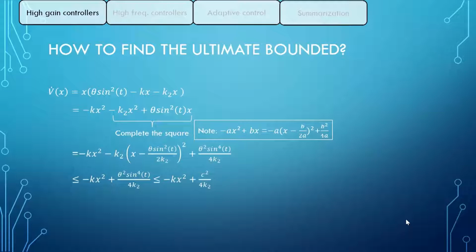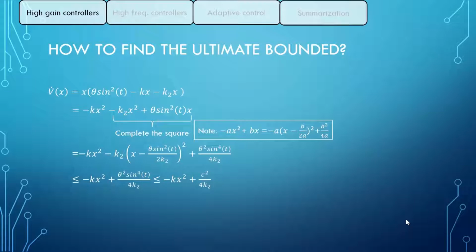The upper bound from here to here is that I drop this negative term, which can be upper bounded by 0. It's always negative, so I drop it. And for sure, this is a positive term and this is a negative term.